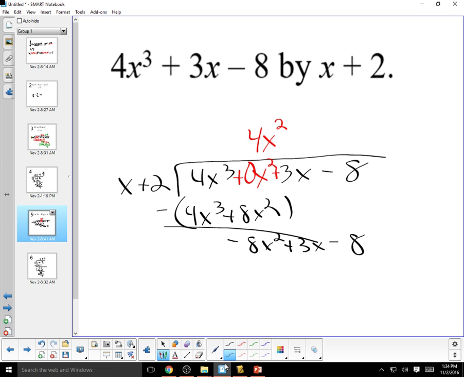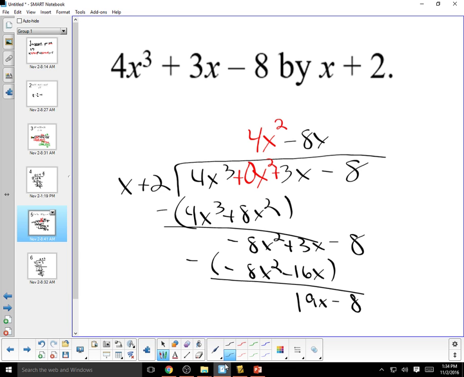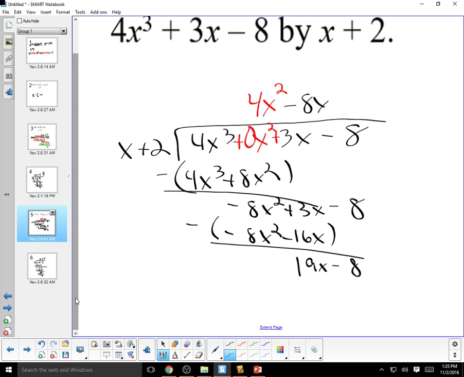Wash, rinse, repeat. What is 8x squared divided by x? Negative 8x. Multiply it out. Negative 8x squared. Negative 16x. Change the signs. Looks like 19x, minus 8. Yeah, 19x, because that's positive 16 plus 3 more.